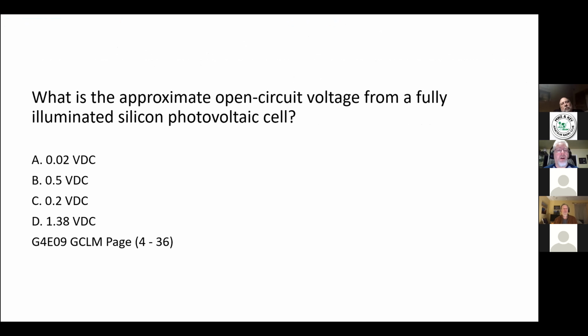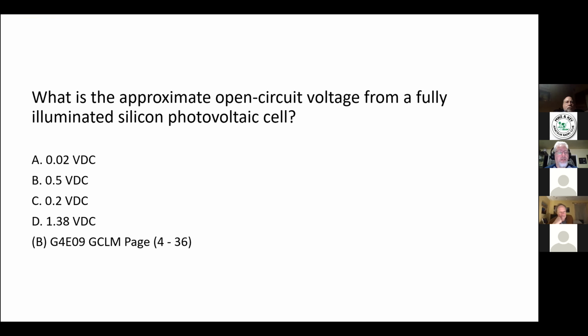What is the approximate open circuit voltage from a fully illuminated silicon photovoltaic cell? A, 0.02 volts DC. B, 0.5 volts DC. C, 0.2 volts DC, or D, 1.38 volts?